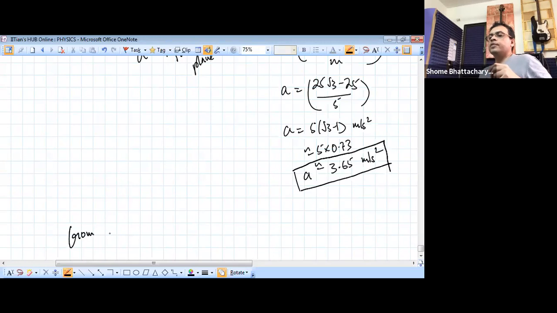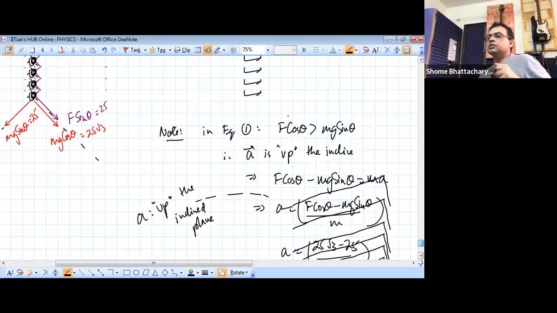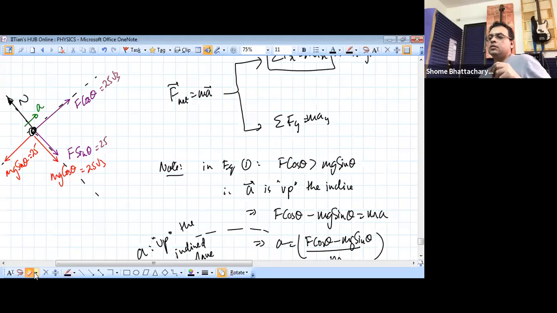Whereas from equation 2, which I'll write above again, for that, the net force along the y-axis should be mass into the y component of acceleration. So this is my equation 2. So when I substitute in this, the net force along the y-axis अभी कितना होगा देखो.